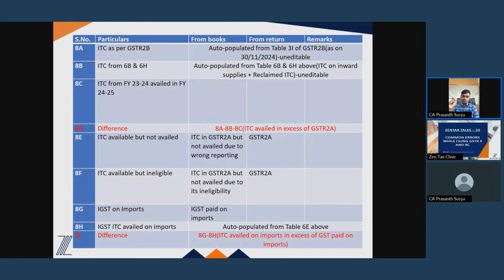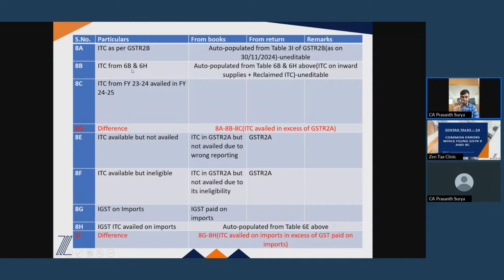Please note that table 8D should not have any difference, because if you have claimed ITC only with respect to the invoices actually reflected in GSTR 2B, you should not have any difference in table 8D. Please note that table 8A and 8B are uneditable.